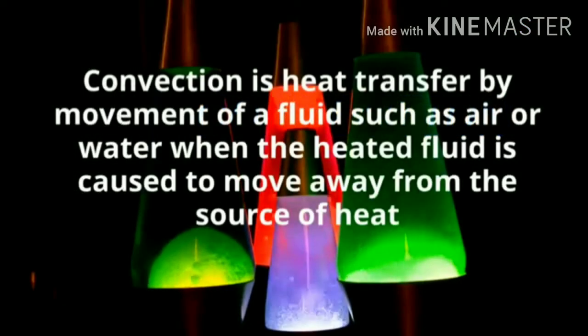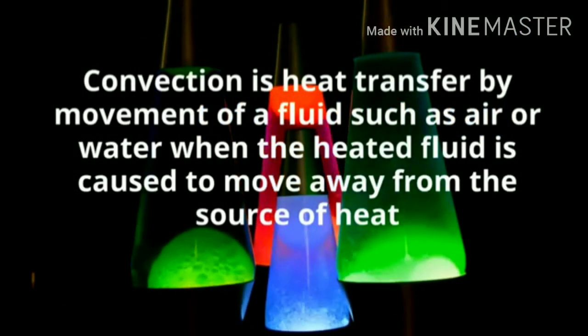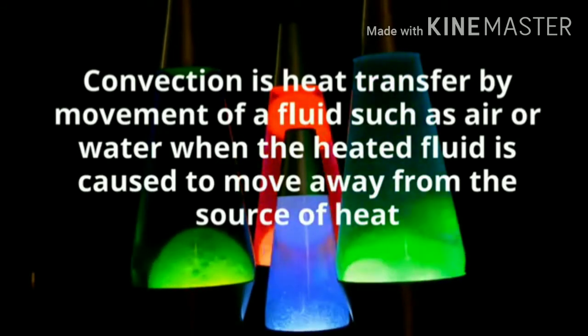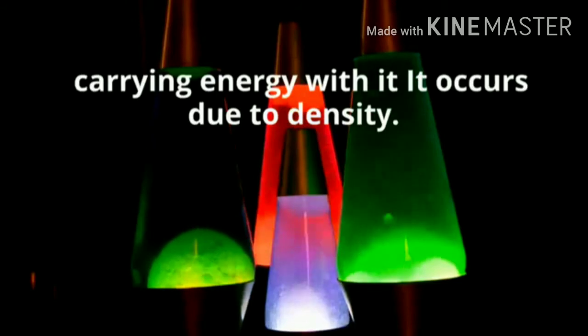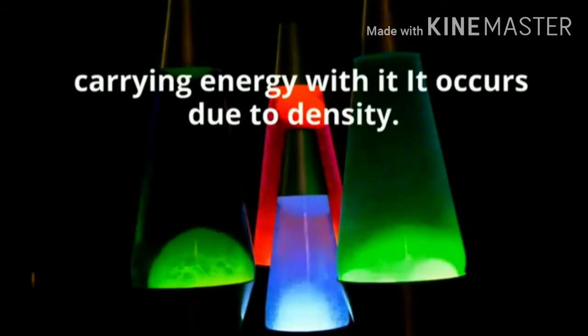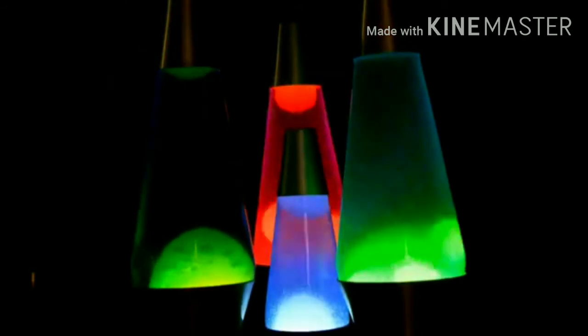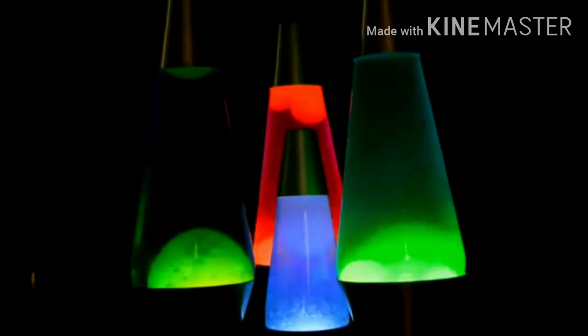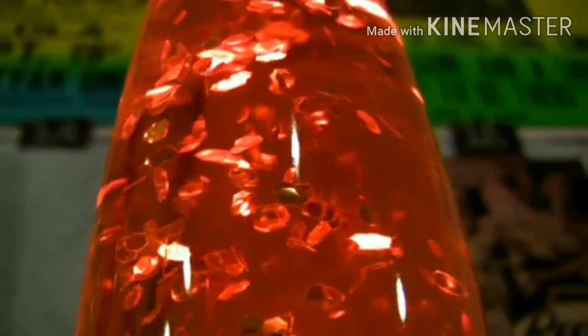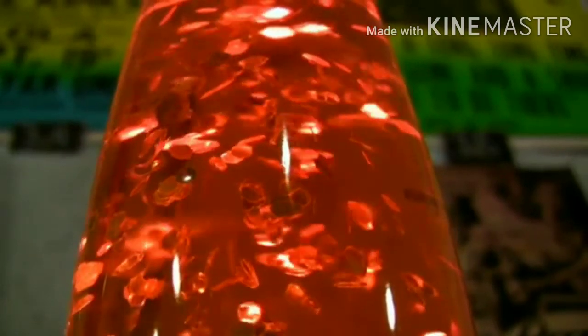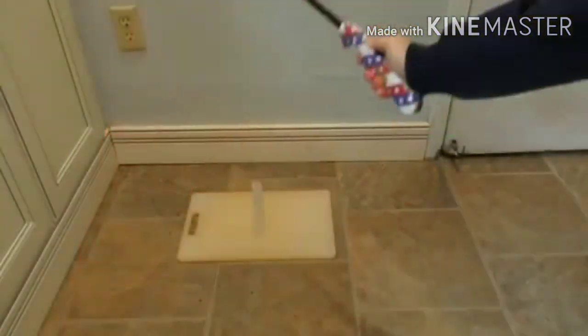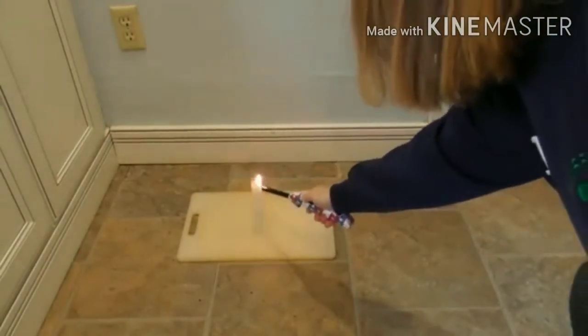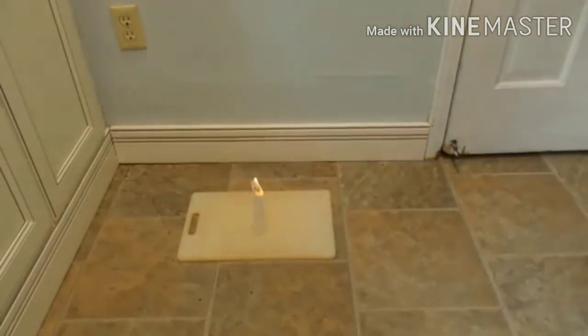Convection is heat transferred by the movement of a fluid such as air or water when the heated fluid is caused to move away from the source of heat, carrying the energy with it. It occurs due to density. Lava lamps are examples of convection. As the liquid is heated, it rises and falls as it heats and cools. As the paper burns, the air is heated up and begins to rise.